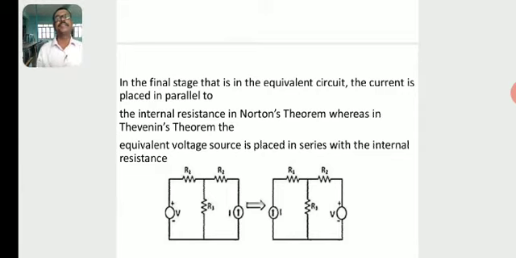In the left circuit, a voltage source is there, and a current source is there. But in the right circuit, the voltage and current sources are interchanged.